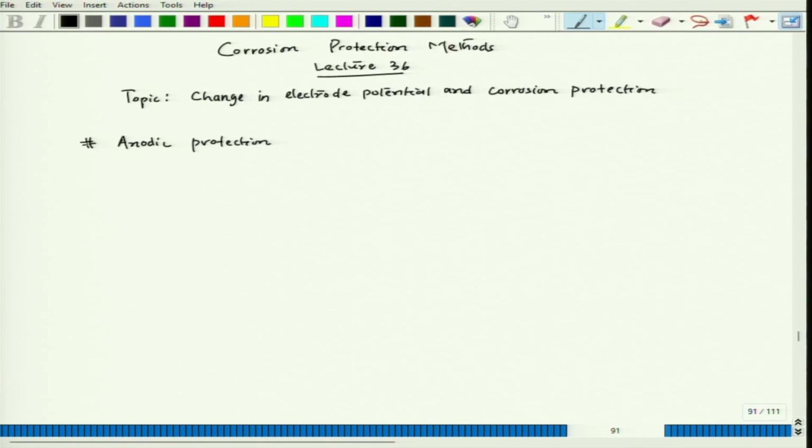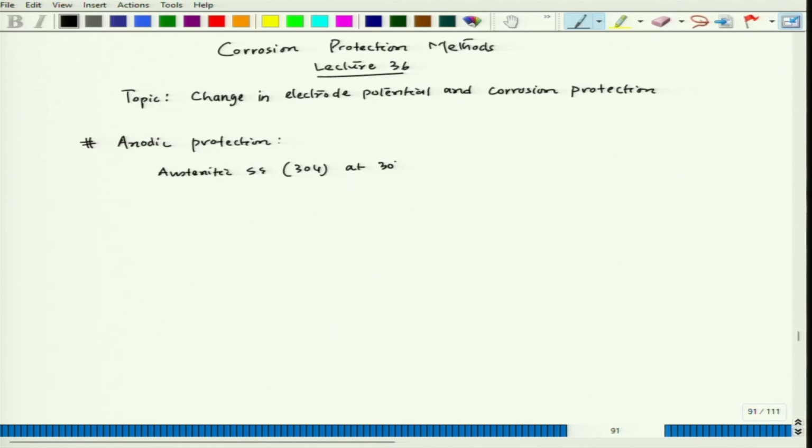we will talk about anodic protection. Let us talk about some data for austenitic stainless steel, austenitic SS, and this is nothing but 304, which is around 18% chromium and 8% nickel, that is the range, and at 30 degrees.